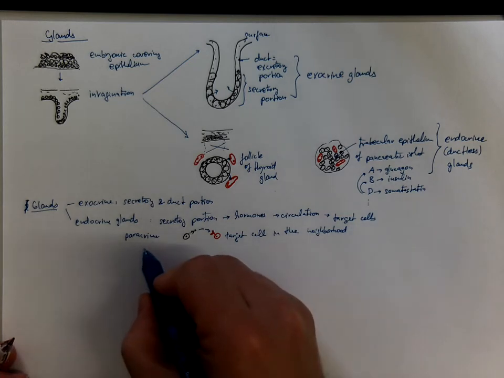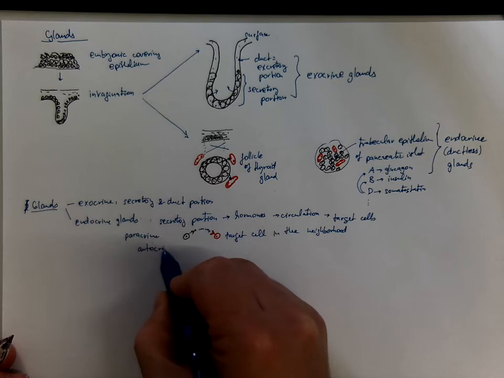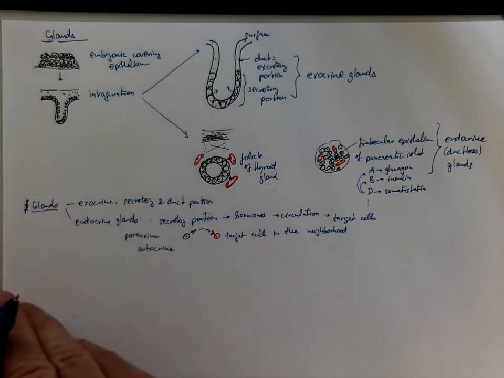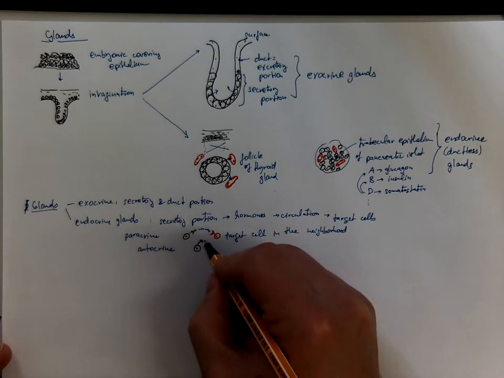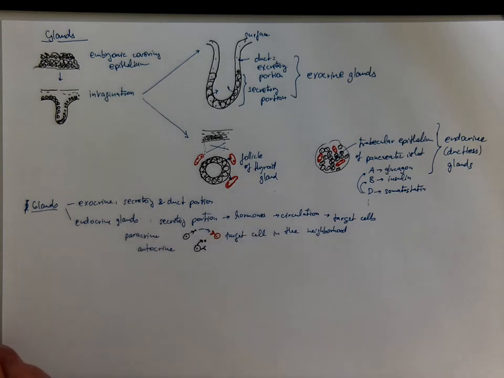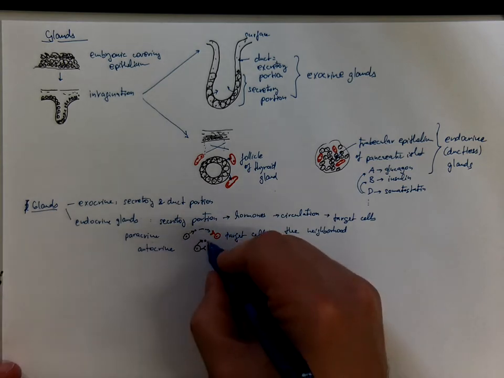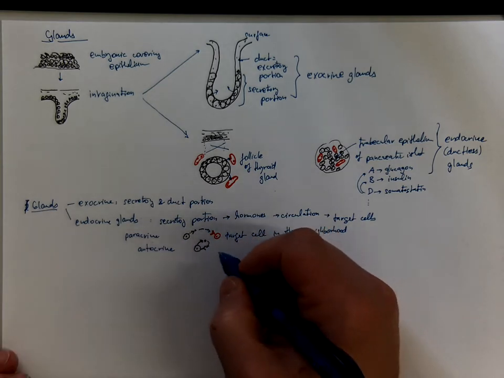Or a modification of that could be autocrine, where the source cell that produces some substance expresses receptors for the very same hormone. So this is autocrine.